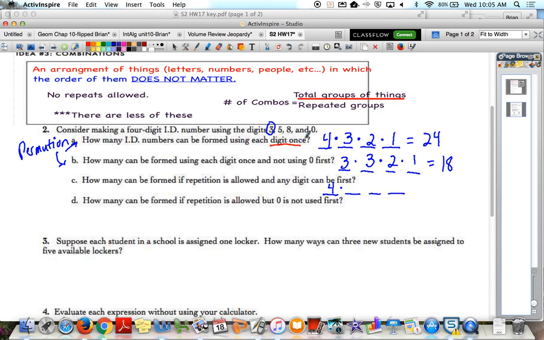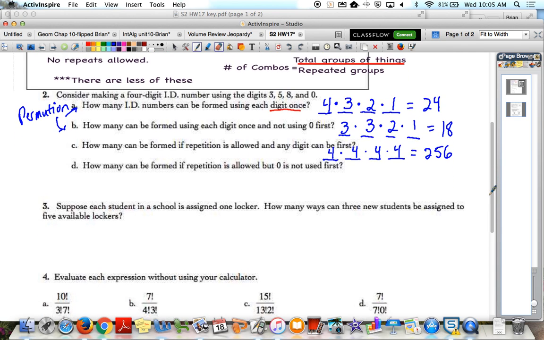So I could use any of these 4 for the second number, any of those 4 for the third number, and any of those 4 for the last number, because I can repeat any of them, so there's always 4 possible numbers given this situation. So 4 times 4 times 4 times 4 is 256 possible ID numbers. So if repeats are allowed, then that gives me a lot more possibilities for the number of ID numbers I can create with just these 4 numbers, 3, 5, 8, and 0.